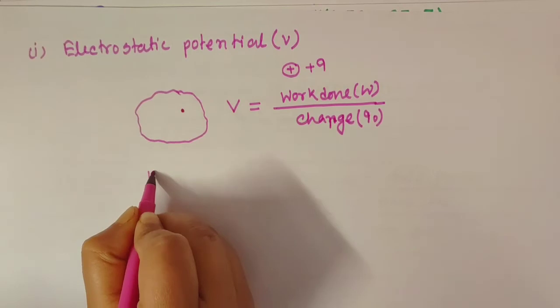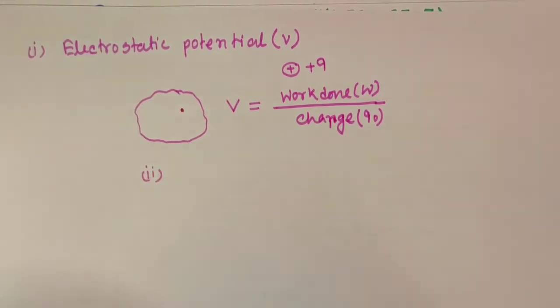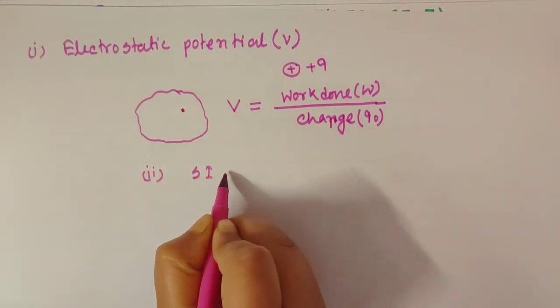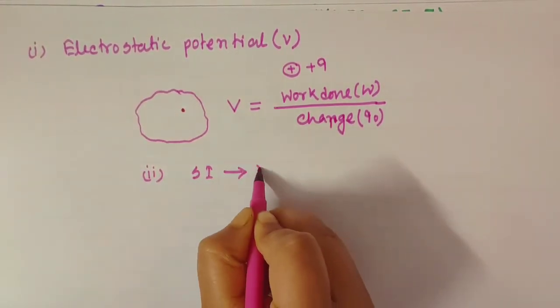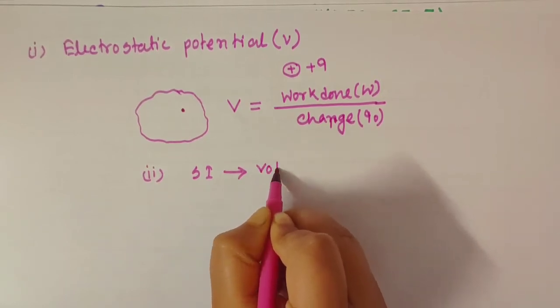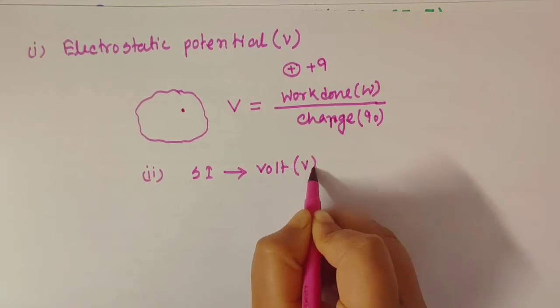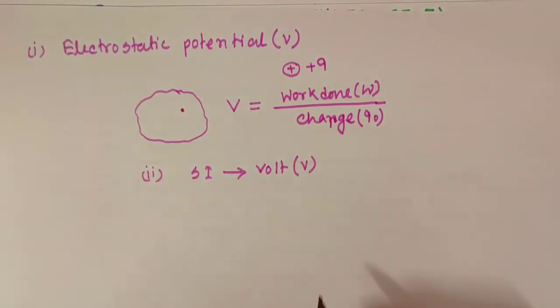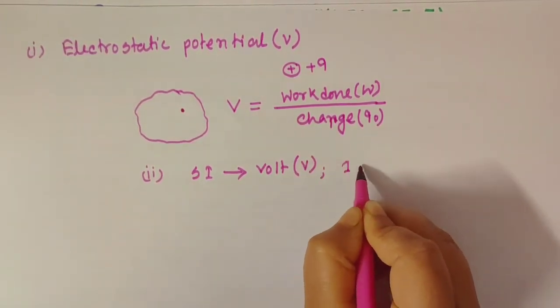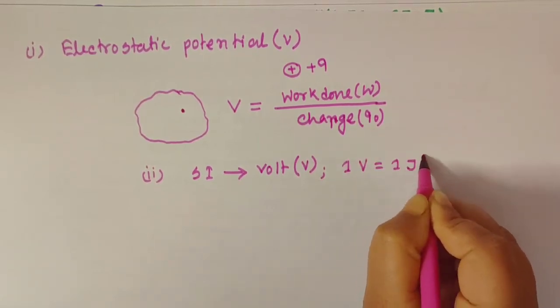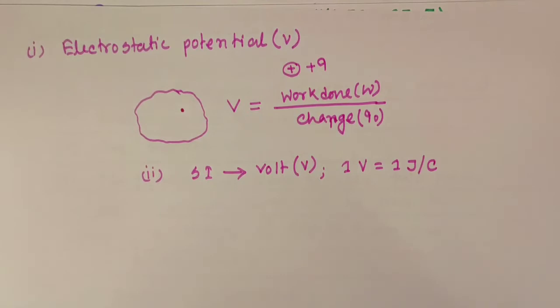Now our second topic, unit and dimension. So remember, the SI unit of electrostatic potential is volt. SI unit is volt, V. And remember one thing, 1 volt is equal to 1 joule per coulomb.